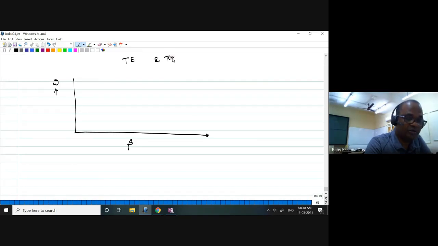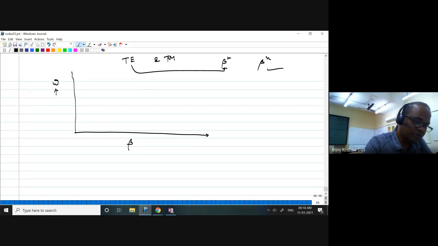That means I can solve for beta m and beta n. So for TE we defined beta m, which runs from 0 and so on, and for TM beta n.